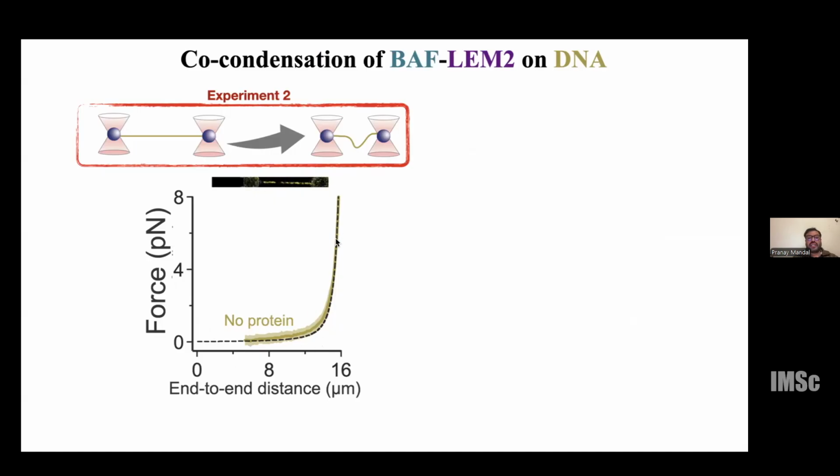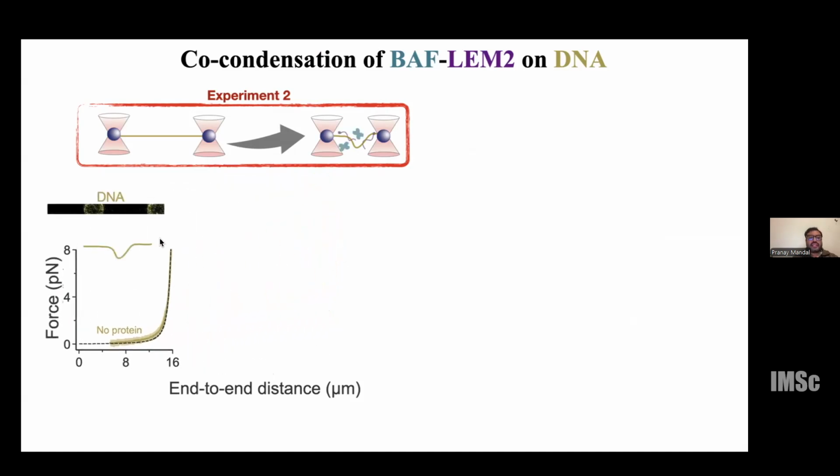If we keep on increasing the distance, we are stretching the naked DNA just like an elastic rubber band, and it goes into this enthalpic region. This whole behavior can be modeled as WLC, the worm-like chain model, which is shown by this black dashed line. So this is the behavior of pure naked DNA.